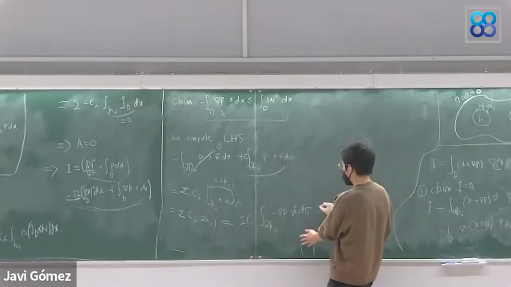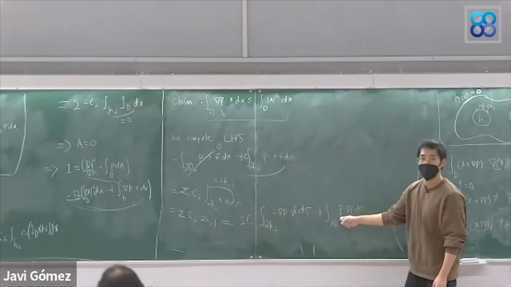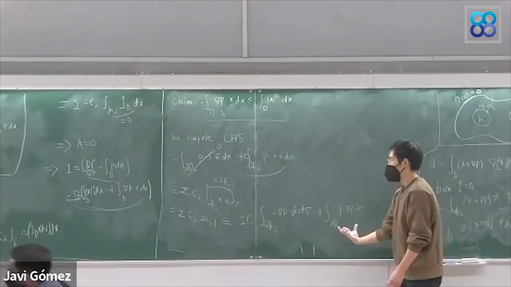And then of course we can add the grad P, sigma term here, because P is just 0 on the outermost boundary, so I just added 0.